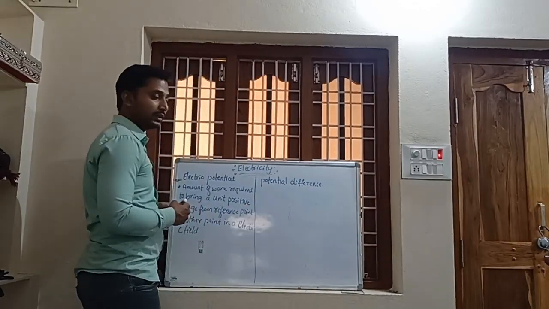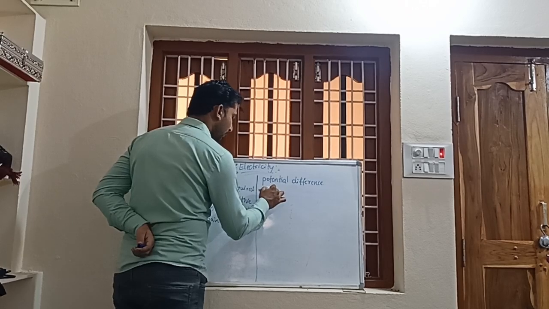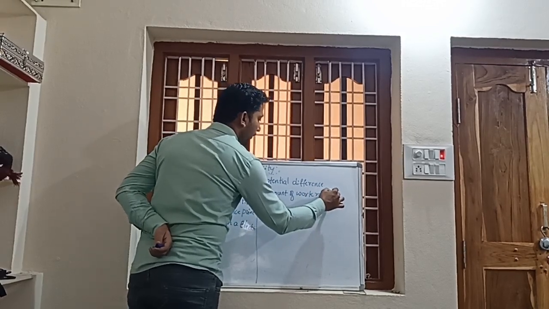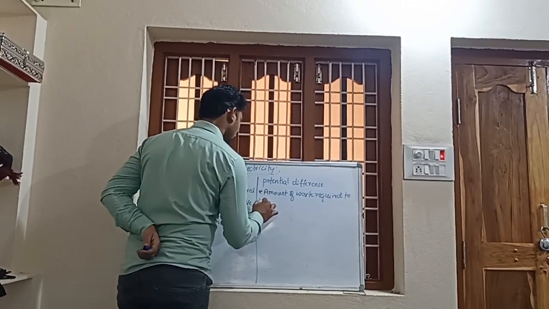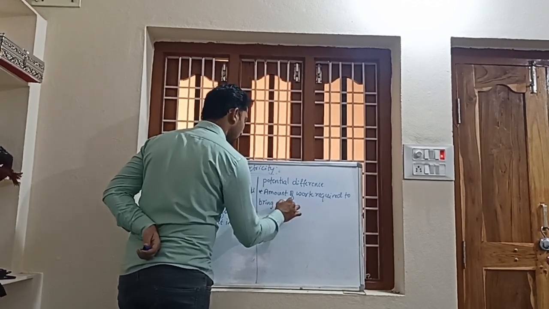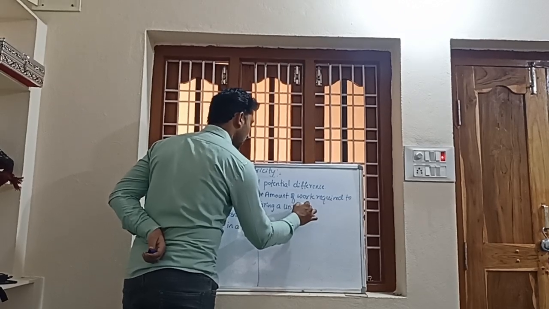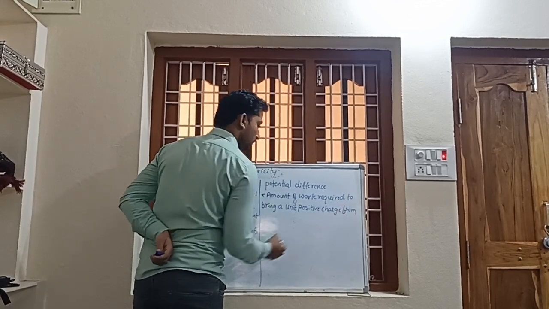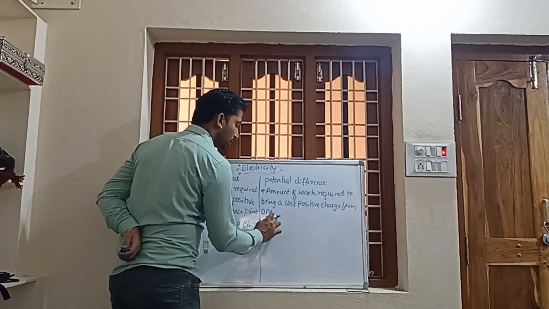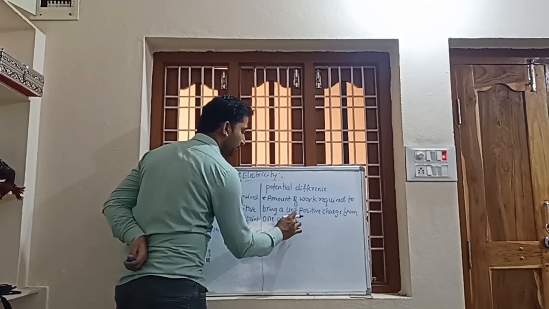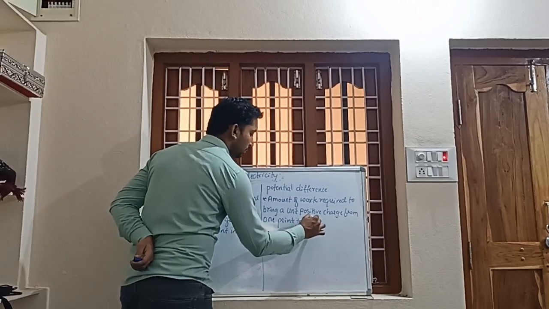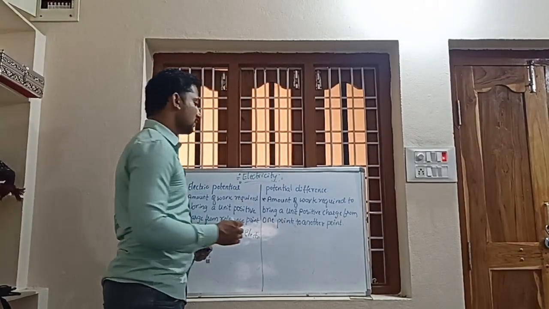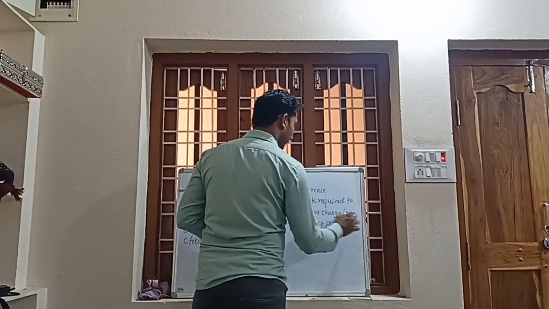Now next, the difference. What do you mean by potential difference? It is the amount of work required to bring a unit positive charge from one point to another point in an electric field, which is called potential difference.